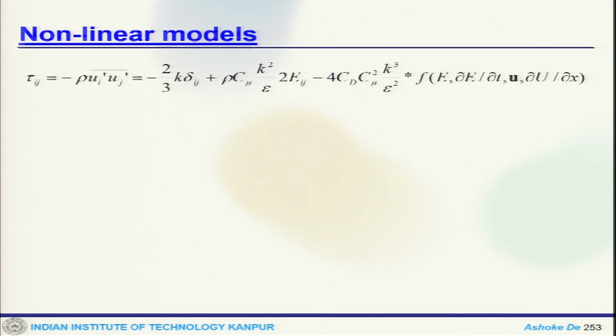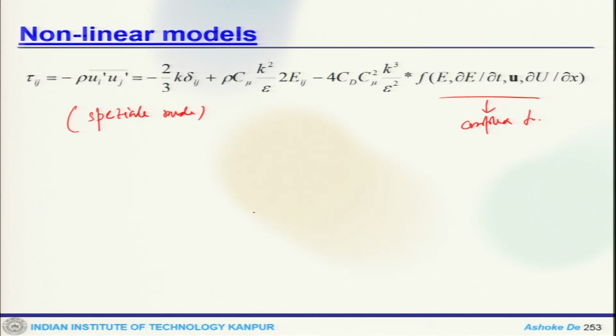Then another set of corrections is the nonlinear corrections, where the standard K epsilon model is extended by nonlinear corrections in the Reynolds stress term. This is an example of such a model, where f is a complex function of the deformation tensor, velocity field and gradient, and the rate of change of deformation. The standard K epsilon model reduces to a special case of this model at low Reynolds number deformation.